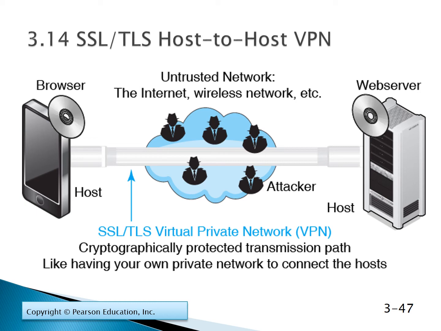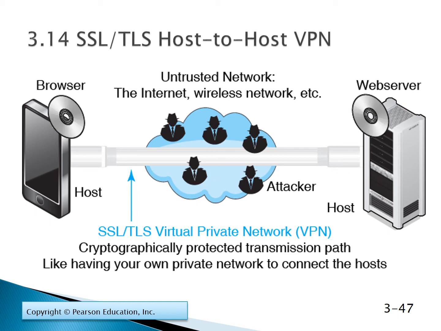What happens is between your two hosts, for example, your mobile phone and a web server, if you are using a VPN based on SSL or TLS, then during your transmission you cryptographically protect your transmission path. Everything is being encrypted, and then when you send it to the server, the web server will decrypt it.